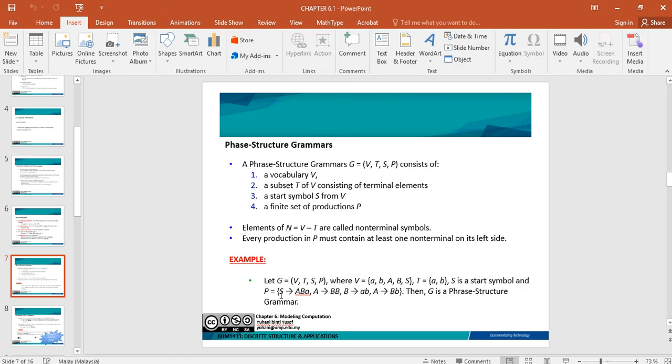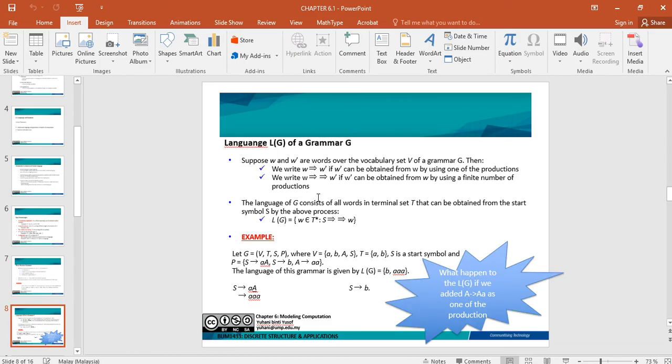The arrow means S goes to capital A, capital B, A. A will go to capital B, capital B. The ones that are in capital letters are not terminals, meaning non-terminal symbols. Our aim is to start from S, and ensure that at last all the words are in small letters, which are in your terminal. Whatever we need to go to the terminal, all must be small letters of A or B, depending on the question.